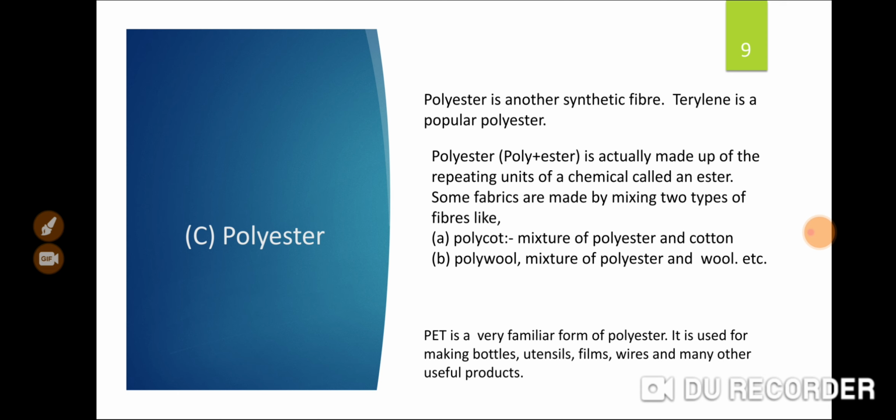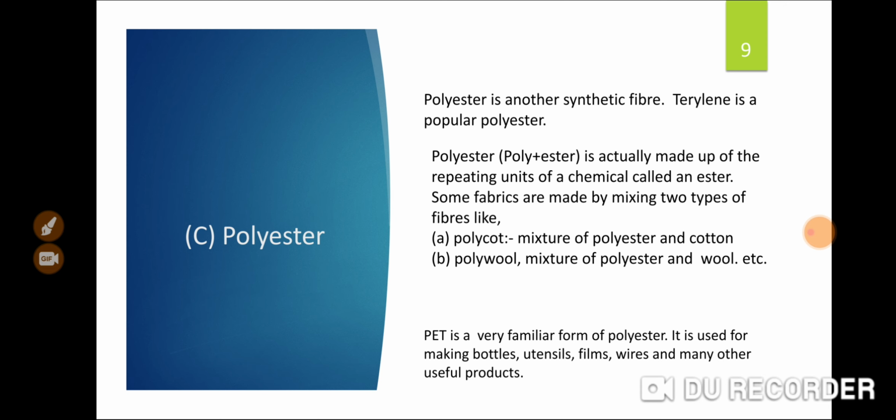Polyester is made by the combination of two words, poly and ester. Polyester is actually made up of repeating units of chemicals called ester.